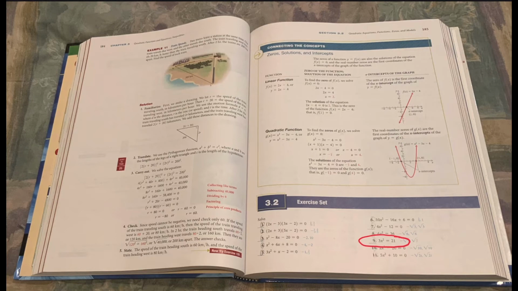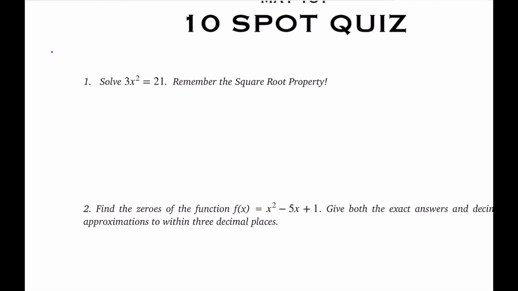Take a look. Here it is. Number 1 in the spot quiz is that very problem number 9 that you saw in the homework. And so now, if you have done this problem, all you have to do is copy your work from your homework and proceed. It is just that easy.